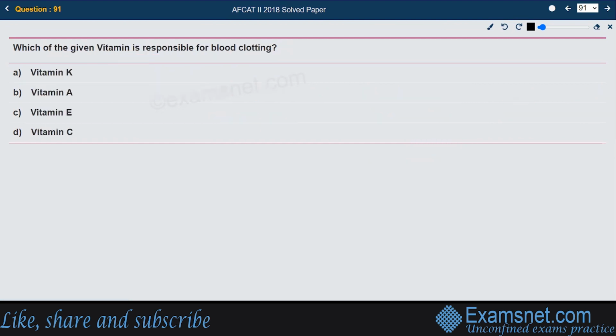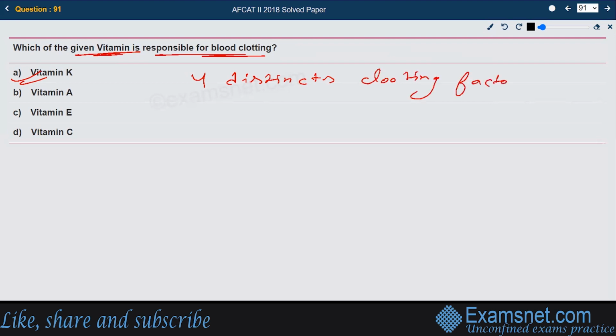91. Which of the given vitamins is responsible for blood clotting? The right answer is A, vitamin K. Vitamin K causes blood clotting. Because of vitamin K, there are four distinct clotting factors.